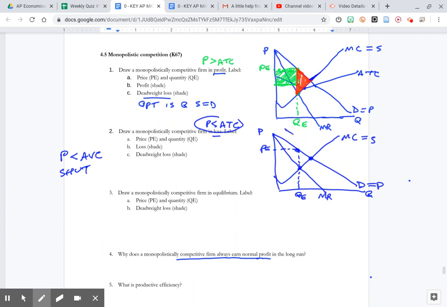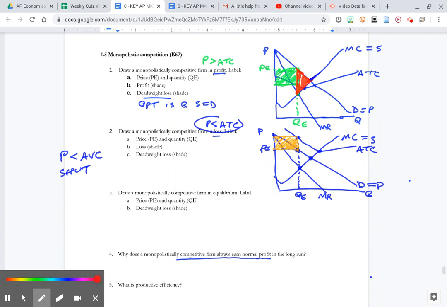So we actually need an ATC up here at the quantity that we're producing at. And in fact, we'll go all the way up to here. And you can see that that ATC dot is higher than the P dot at quantity equilibrium. So we have a loss. So we're going to shade this box, and this is our loss box.